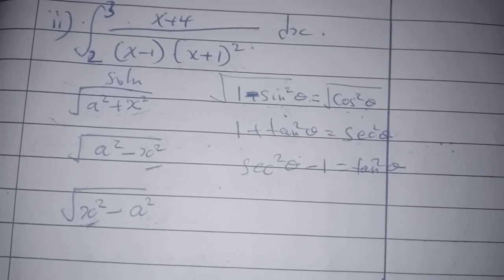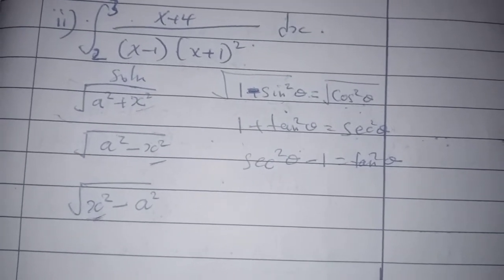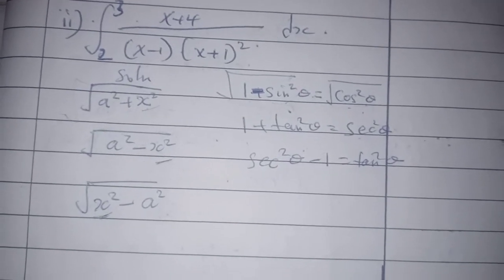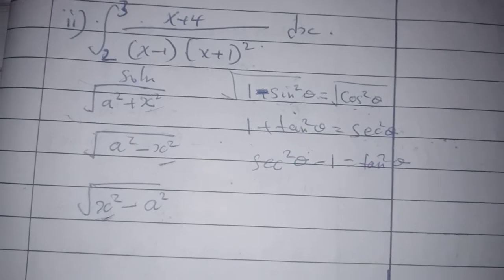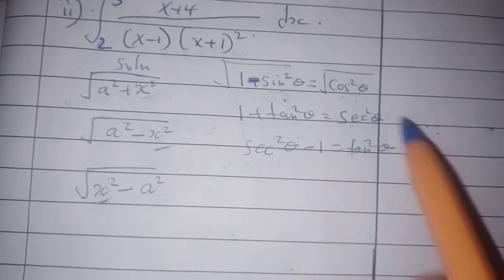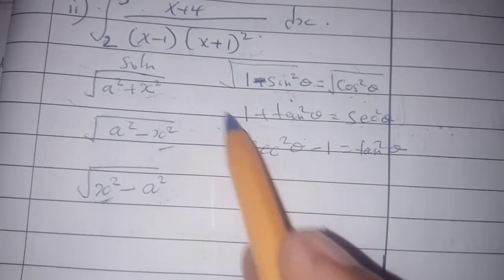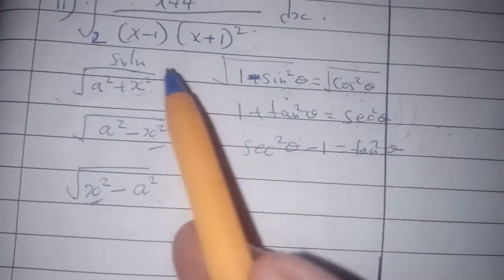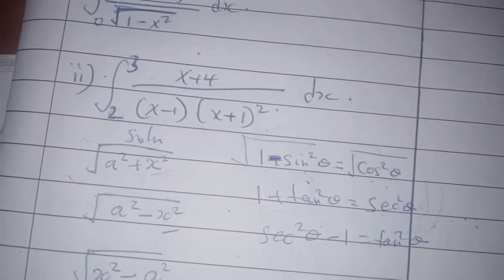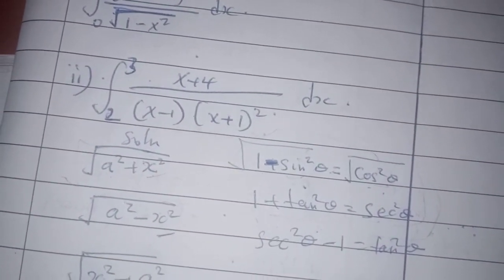But how can we come up with a trigonometric function minus a number? So we use the second identity of tan. So these are the two identities that are mostly used in trigonometric substitution integrals. Now let's apply it in our question.